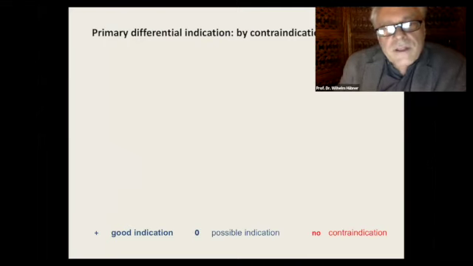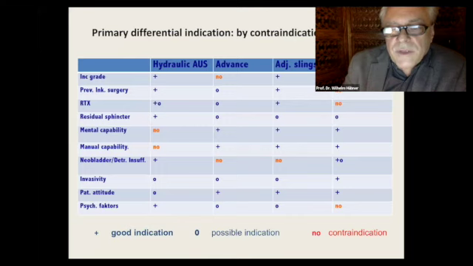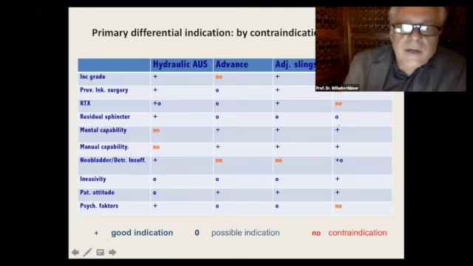One very straightforward way to look which one to use is to see where is a good indication possible, but most important, what is a contraindication. If you look at this slide, you can rule out very quickly certain implants in a specific patient.